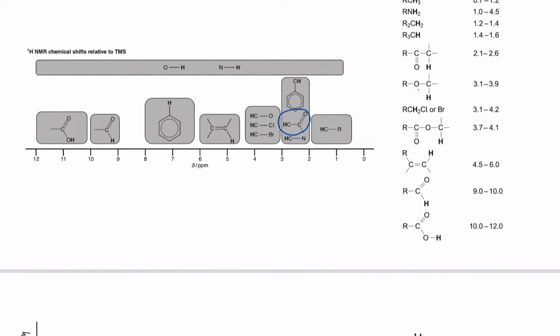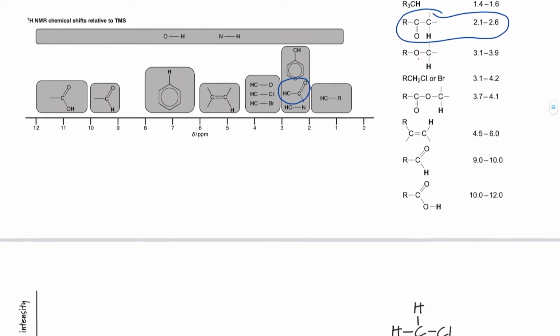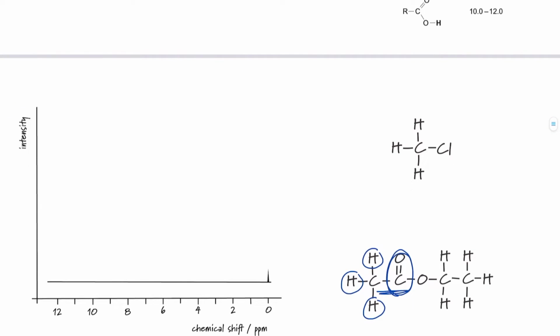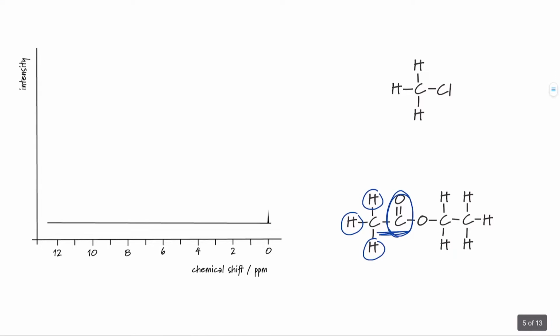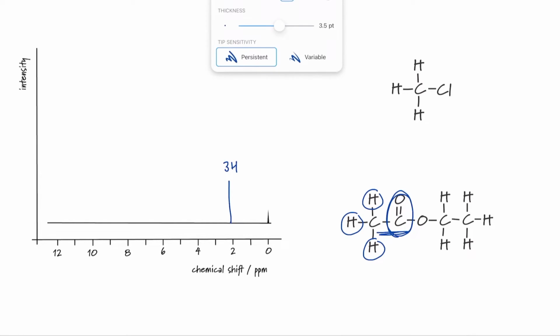So that's that one there and that one there. And we would expect to see a peak in reality at 2.1. So if I were to go back, we'd see a peak at 2.1 and it would have 3H written above it. We've got 3 protons in that environment.